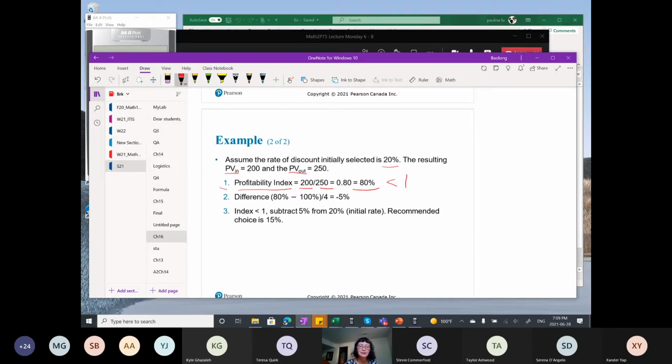Step 2, subtract 100 from step 1. Use the result divided by 4. You get -5%. Step 3, when index is smaller than 1, subtract 5% from initial 20%. So you end up with 15%.